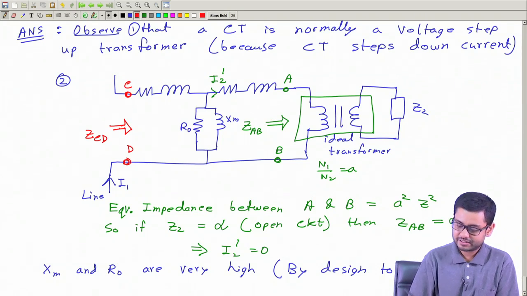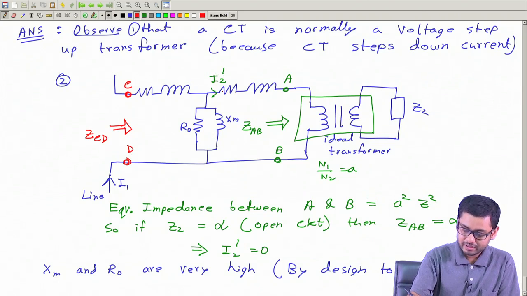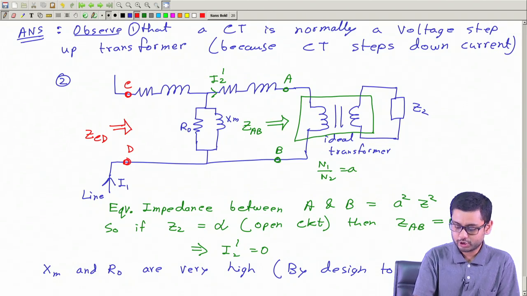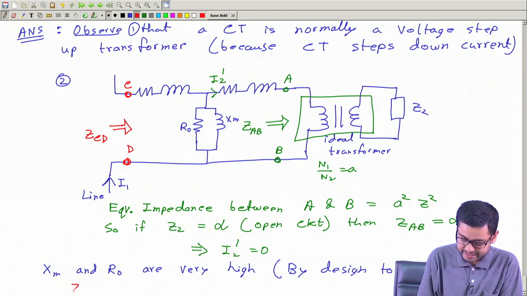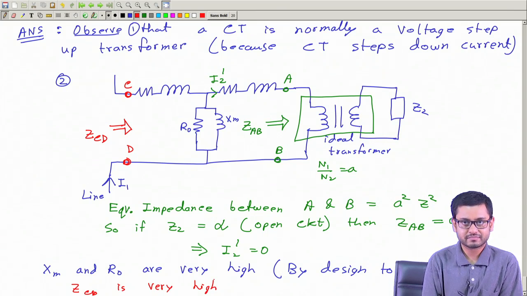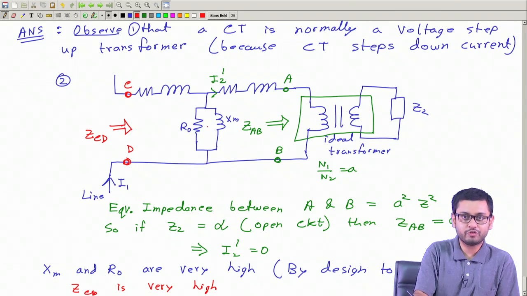ZCD is this impedance, which is very high, parallel this impedance ZAB, which is infinite. So these two in parallel will be very high, because this is infinite and this is also very high. So therefore ZCD is very high.